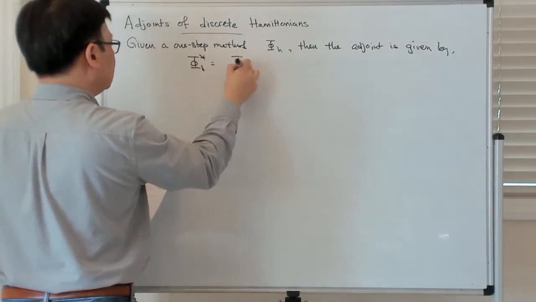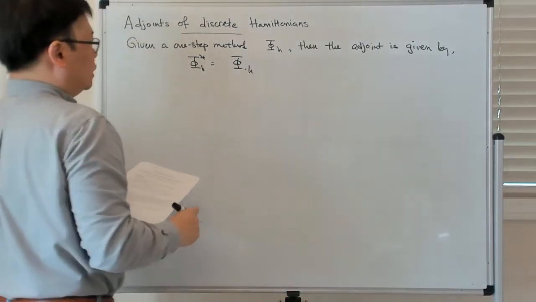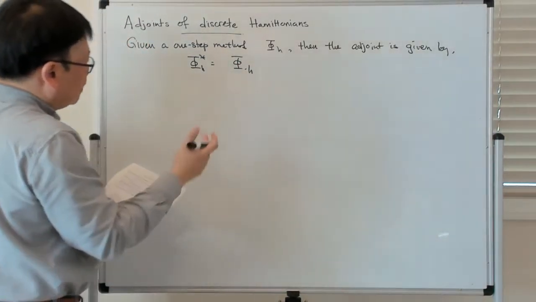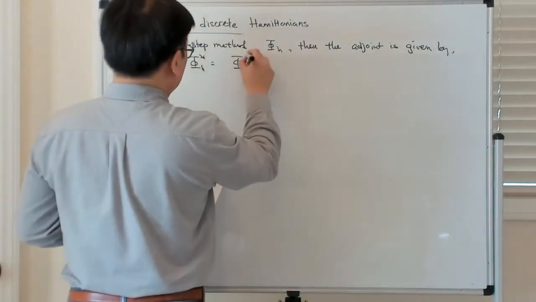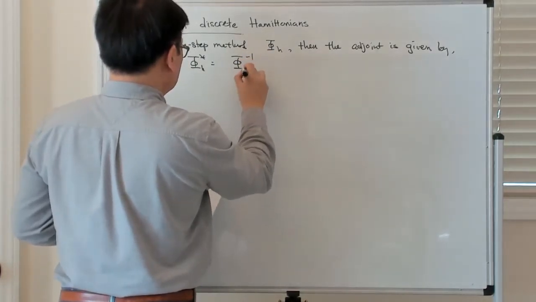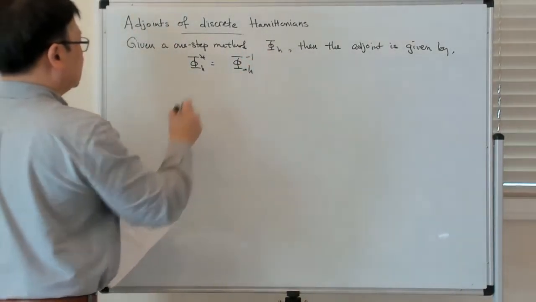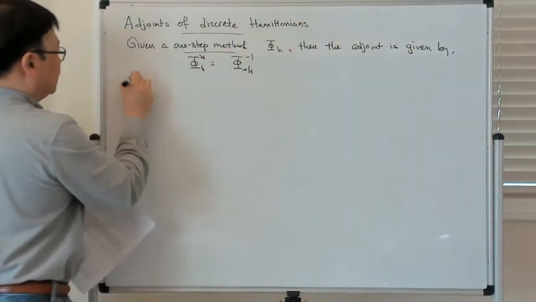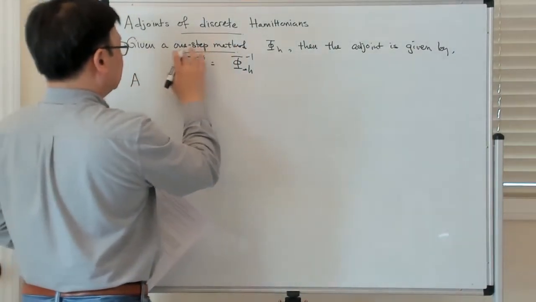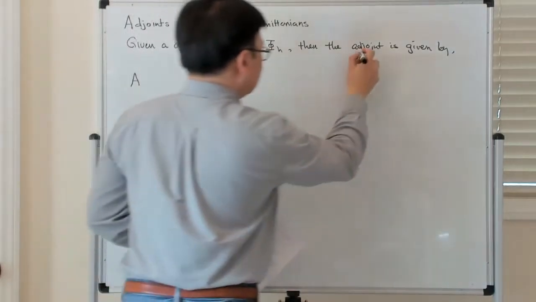So this is just going to be that one-step method with a negative time step, and you take its inverse. Well, actually, we want to define the adjoint, right?